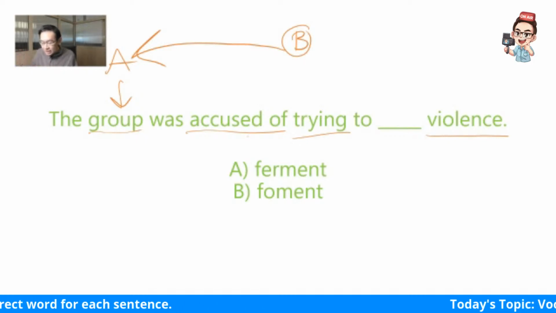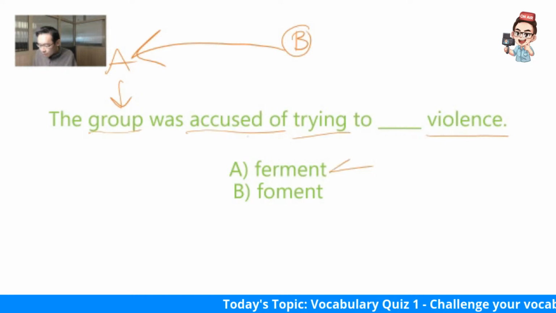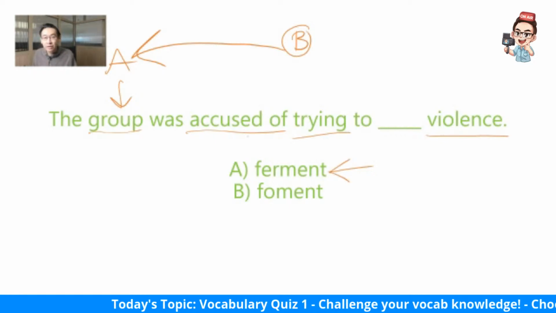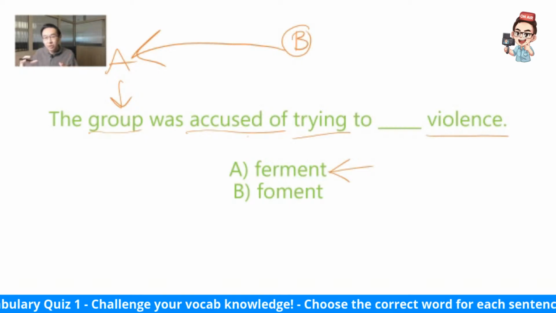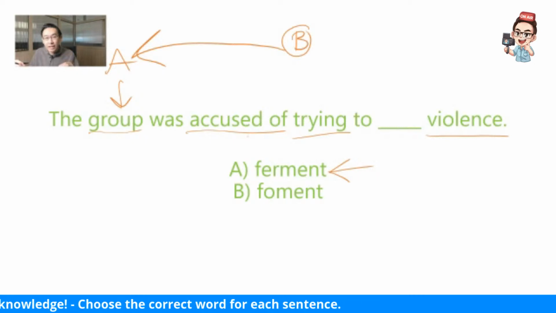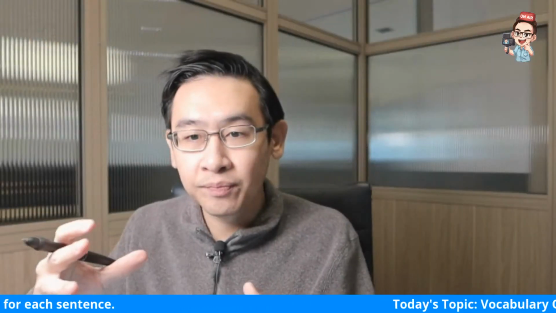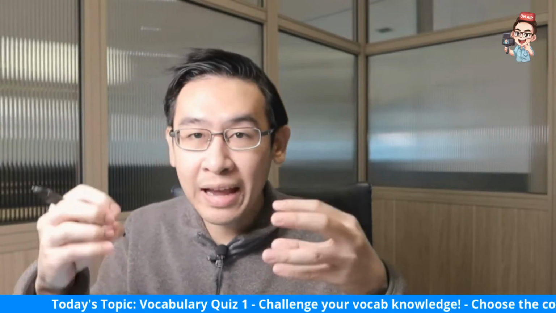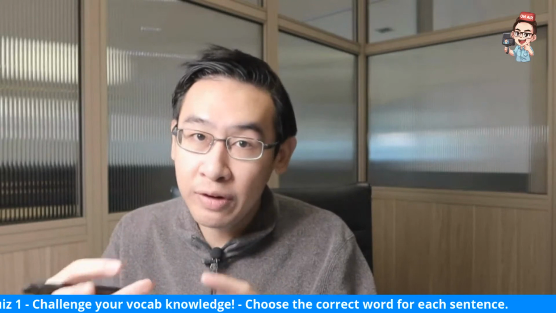Now let's look at the answers. We have A, which is ferment. What does ferment mean? Ferment as a verb is like when you make food, you put that food in a jar or a wooden box and leave it for a long time so that there is a chemical reaction.